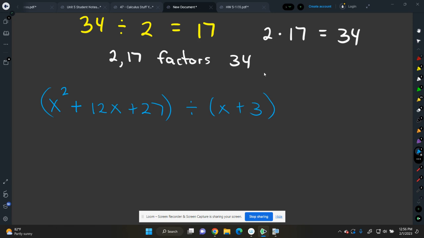Do you know how to do it? That's x plus 9, right?